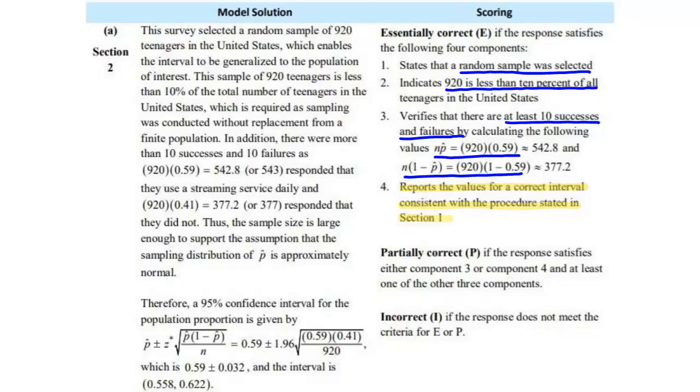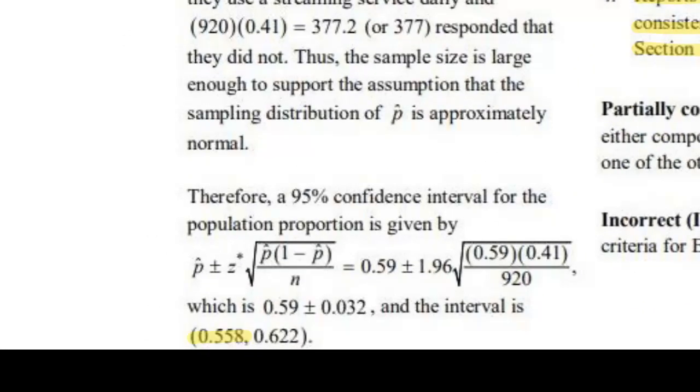So the interval that they have is 0.5588 to 0.622. Make sure when you are doing an interval, it's always the smaller number first and then the larger number.